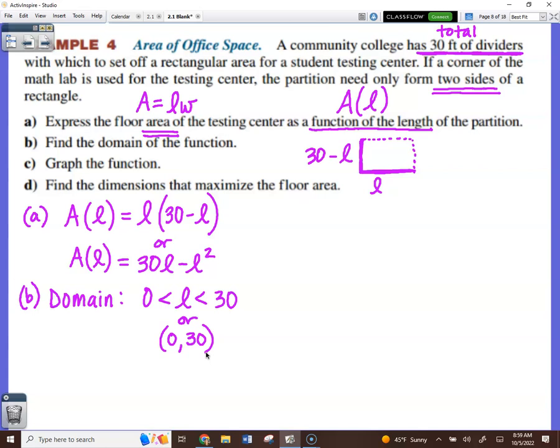C says graph the function. Go to your graphing calculator. Type it in y equals. Type y equals, you're going to type 30x minus x squared.